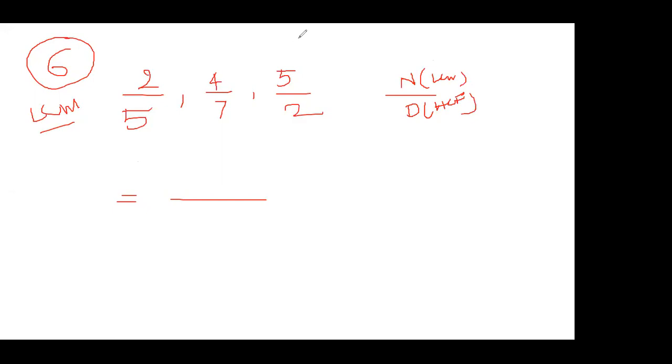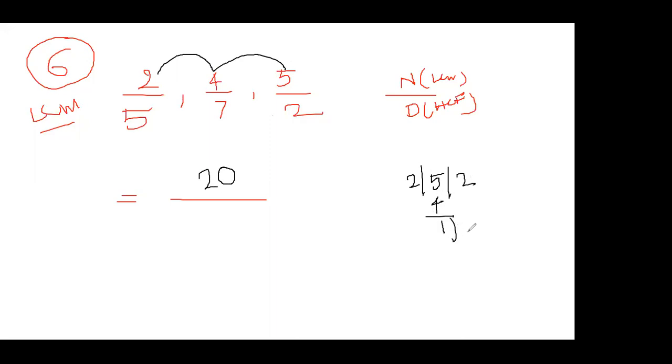Now see here. For the numerators 2, 4: LCM is 4. 4, 5 are successive numbers, so the LCM is 20. 4, 5 are 20. So your number is 20. Then come back here for the denominators. Take the minimum number 2 and next number 5. HCF: 2 2s are 4 and here 1.